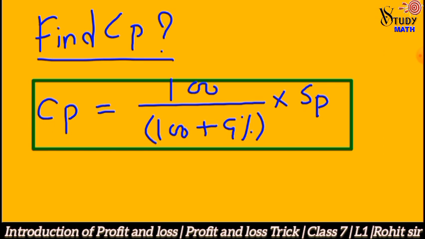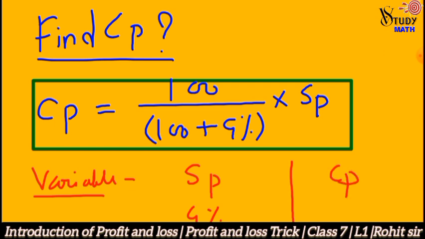Here, what are the variables? Here the variables are SP, gain percent and CP. There are three terms which are variables here, but in these three terms, SP and gain percent are given in the question and we have to find CP. If SP and gain percent are given, then we are going to apply this formula to find out CP.